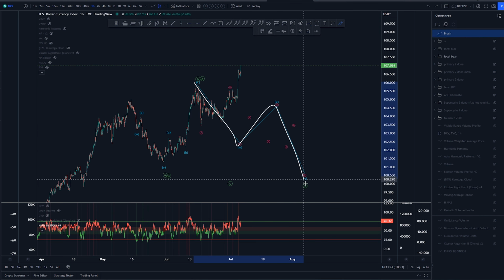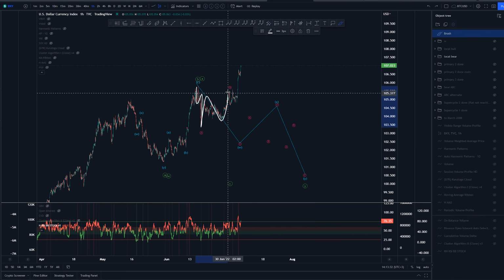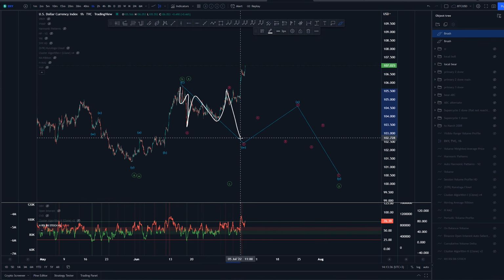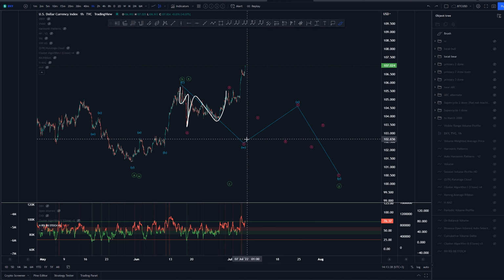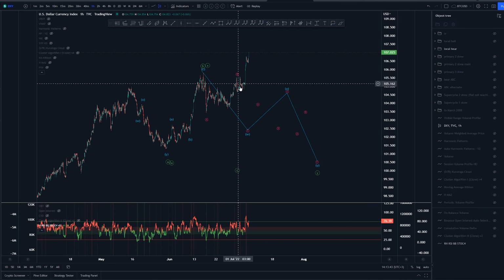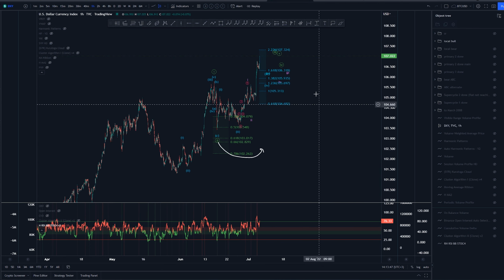Here it was labeled as a DXY, in which we had created this A wave here as a three-wave structure, then three waves up here, and then we were looking for most likely starting to get down to this C wave, but that didn't turn out to be the case, and we were pumping higher. That's why we had this bullish case.